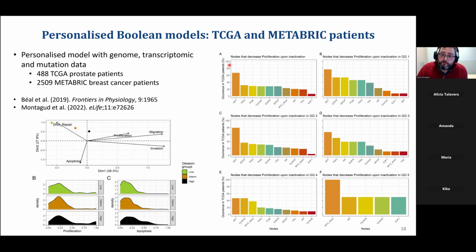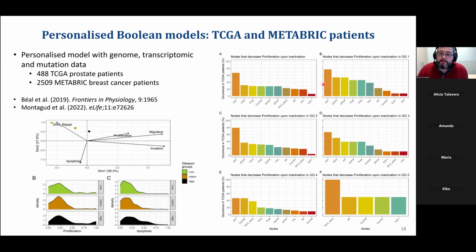And then one of the things that we wanted to test is if we could fish out candidates to be inhibited at the different groups and subgroups, and if those candidates were different. In this panel we have all the patients confounded, and then we have Gleason group 1, 2, 3, 4, and then 5.